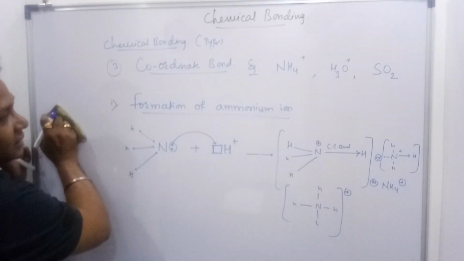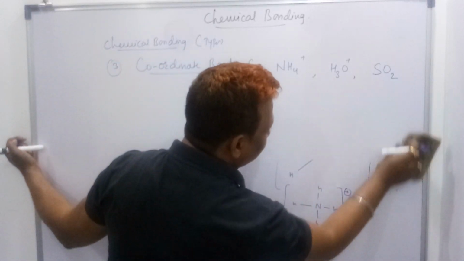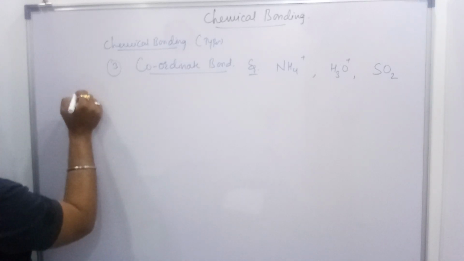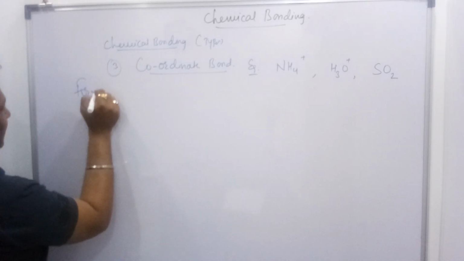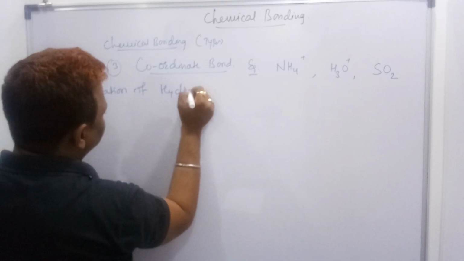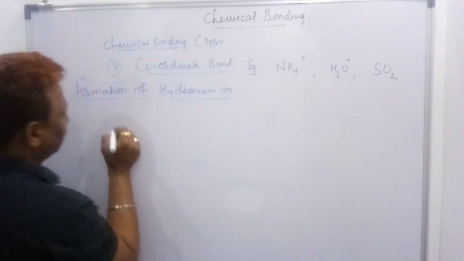So it is one of the examples for formation of ammonium ion which explains the coordinate bond. Second example we will go with the hydronium ion. Formation of hydronium ion. In this one, it also should have the same condition.